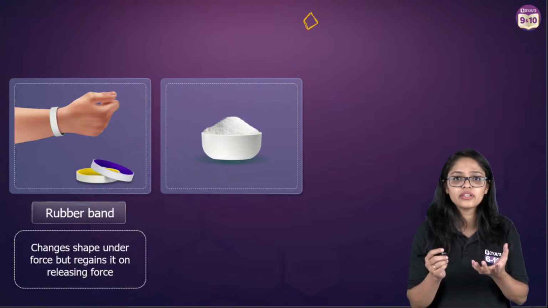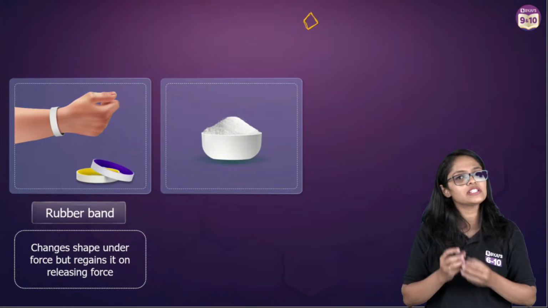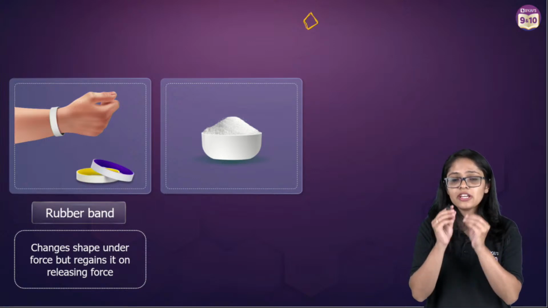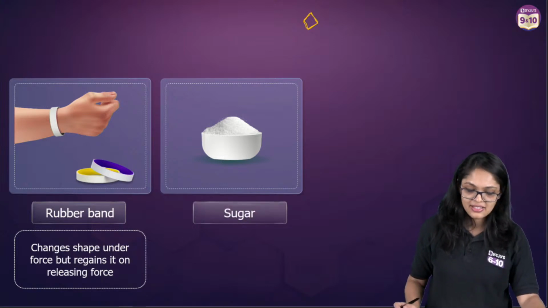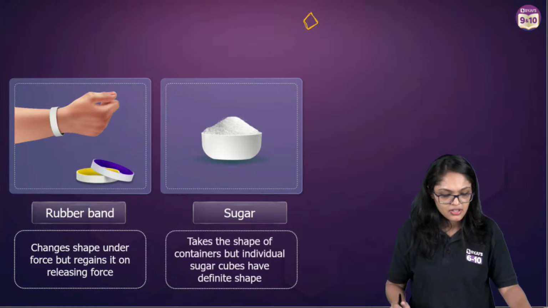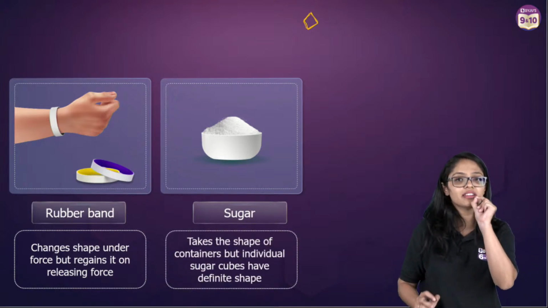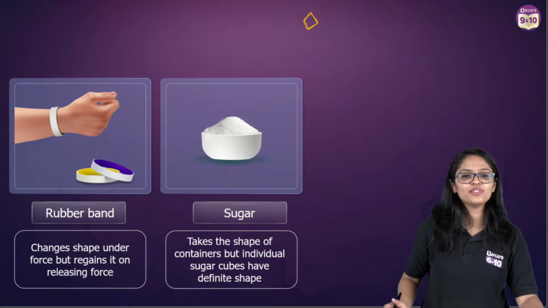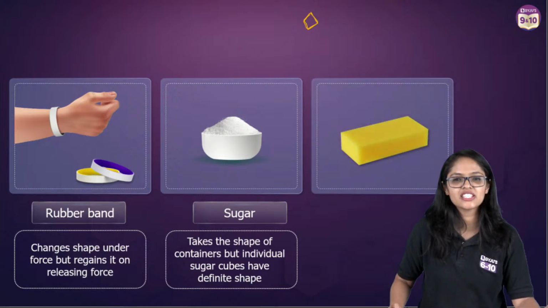They are powder, so think of an individual crystal. Do you think the shape will change easily? When I put it in another jar, will the shape of that crystal change? No, right? That is the exception here. The sugar takes the shape of the container, but if you look at the crystal, its shape won't change.